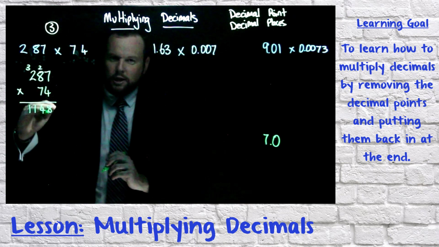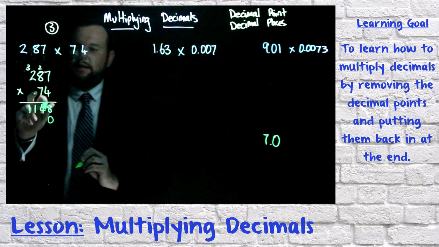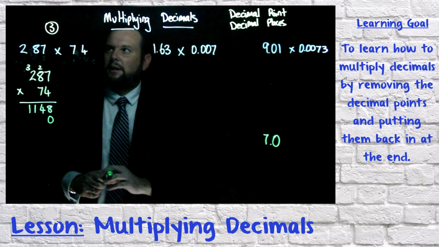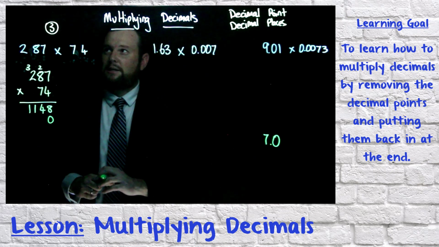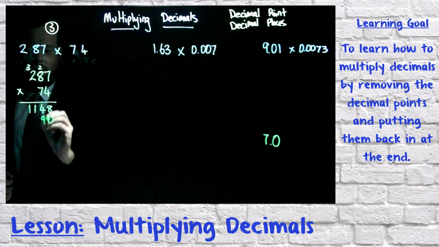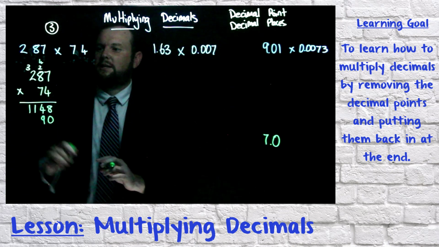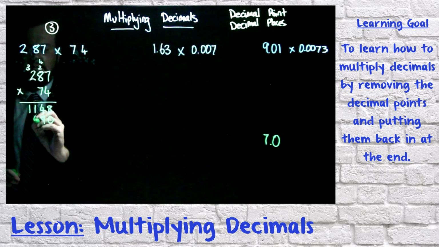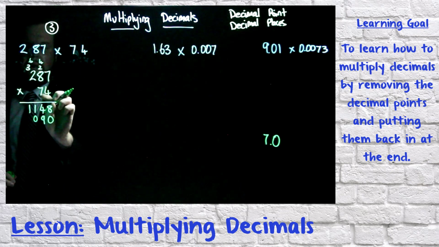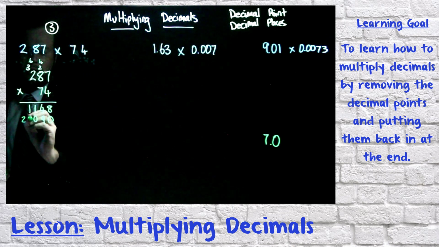Okay, now once you go to the next row, you need to add in a 0. 7 times 7 is 56. Hang on, 7 sevens are 49, sorry. 49. 7 times 8 is 56. Plus the 4 gives us 60. And 2 sevens are 14. Plus 6 gives me 20.